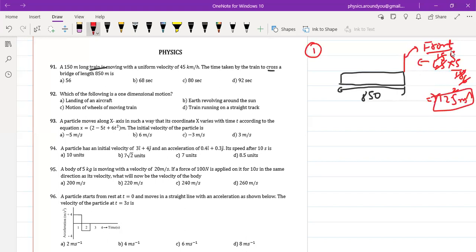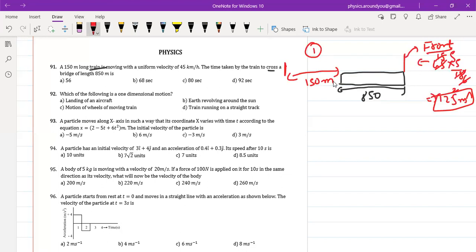Having said that, this is the front end. When will I say the train has crossed? Be very careful: when the back end of the train is at this position, the front end will be over here. What is the length of the train? The length of the train is 150 meters.